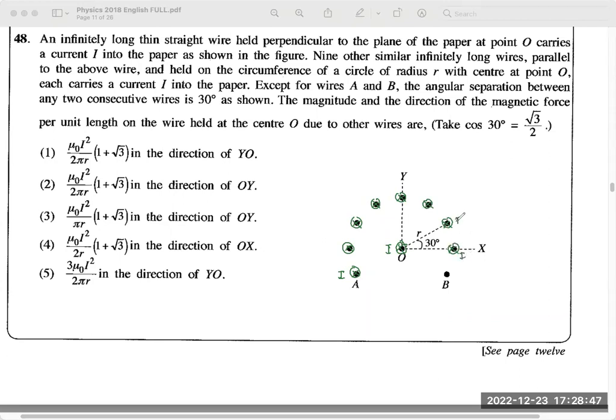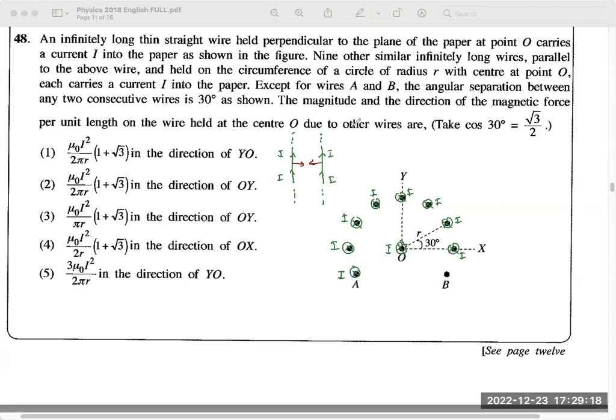We know when there are two parallel wires carrying current in the same direction, between them there will be an attractive force created. So if there is I here, and here also there is I, then there will be an attractive force like this, and that attractive force is given per unit length.